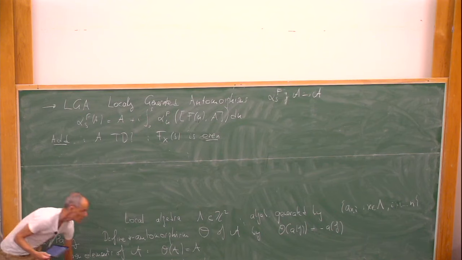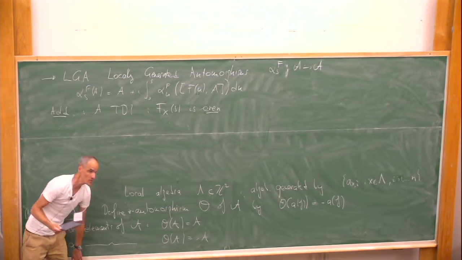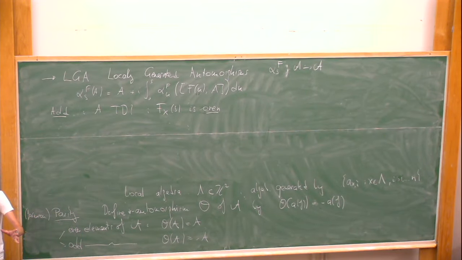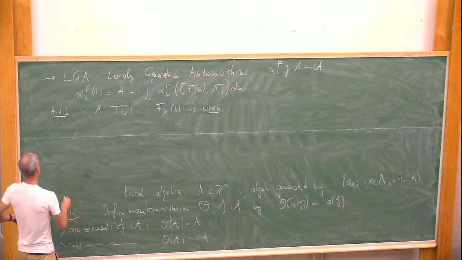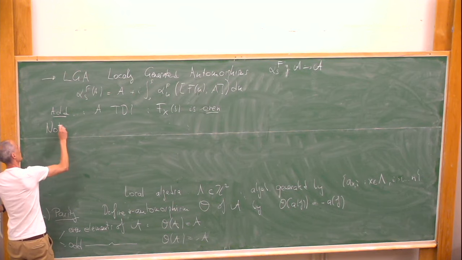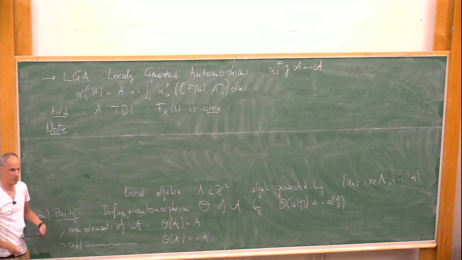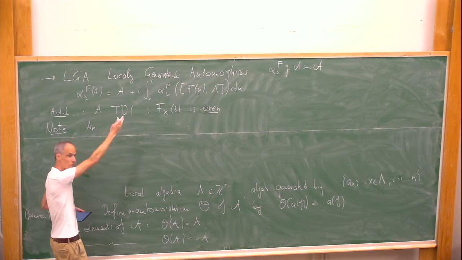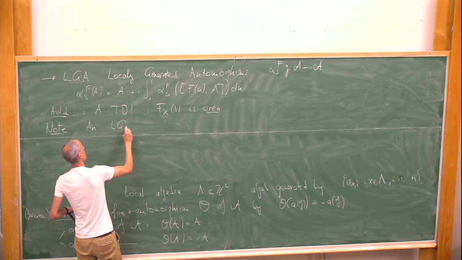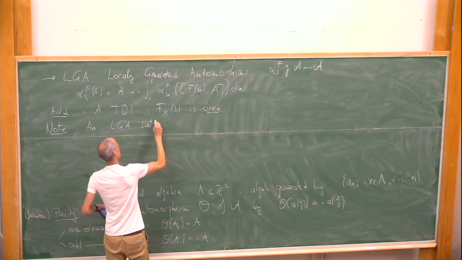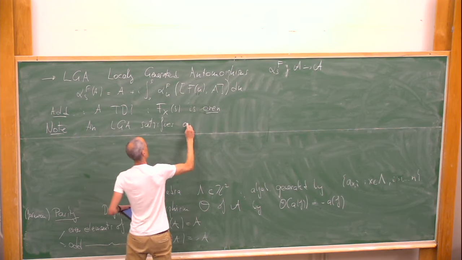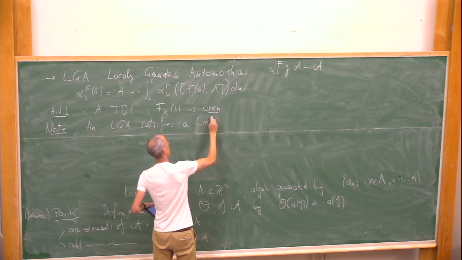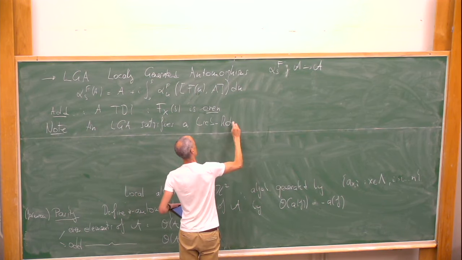All right, so Hamiltonians are even elements, and they generate the dynamics, which I will call an LGA. Note, although the setting is not exactly what we've seen earlier, and this is important, why do we care about this? Because an LGA satisfies a Lieb-Robinson bound.